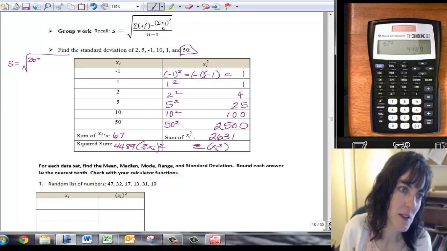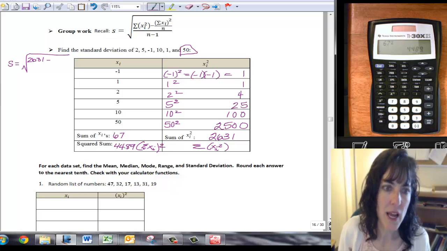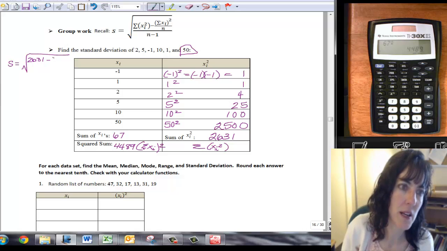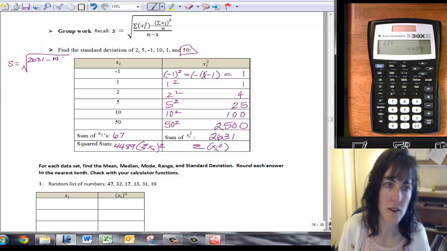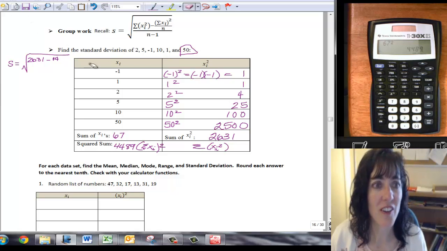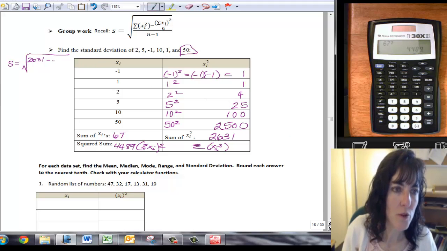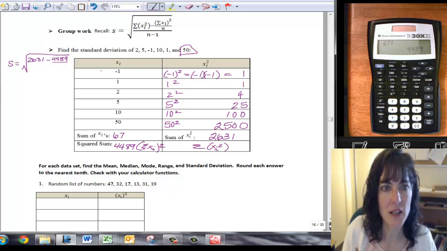So 2631 minus, and then I need the squared sum, I believe. So it's the x sub i's quantity squared. Yeah. Okay, so it's a 4489, divided by n, and did we count these? 1, 2, 3, 4, 5, 6.